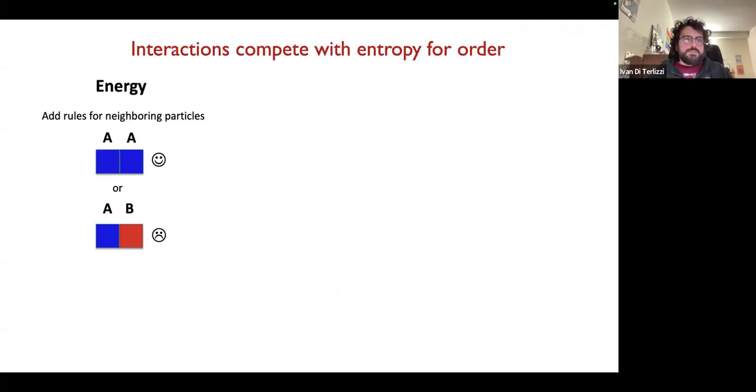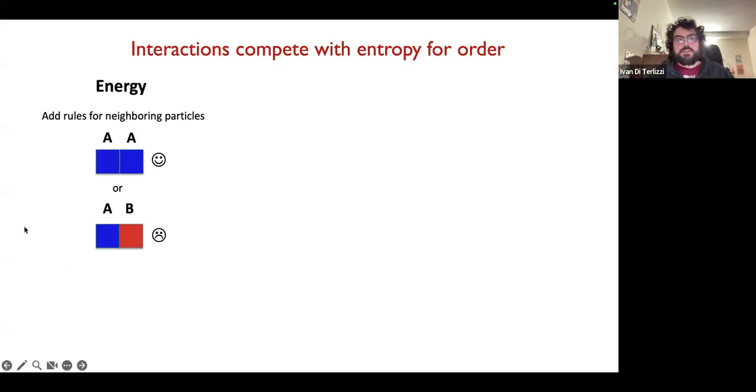Now, what happens if you add some rules for neighboring particles, to stay close to each other if they are the same type of particle, or to not stay together if they are not the same kind of particle? In this case, you can intuitively see that the energy will tend to, similar to what happens in statistical mechanics, where you have two systems which want to minimize the surface between two species.